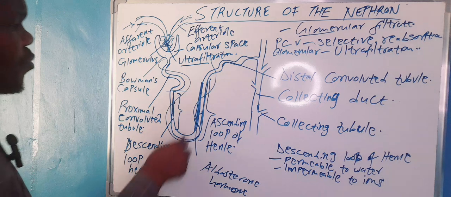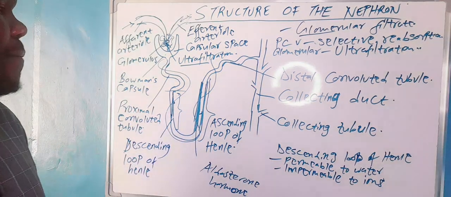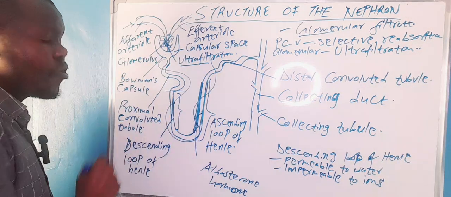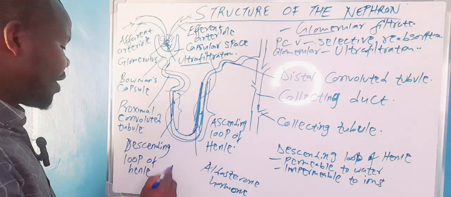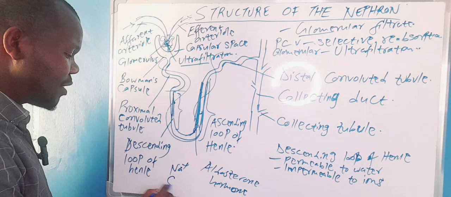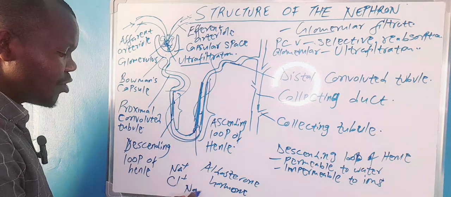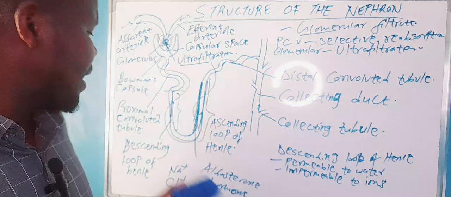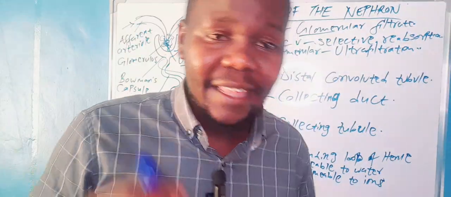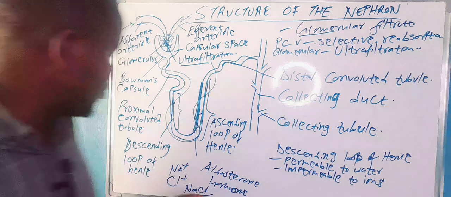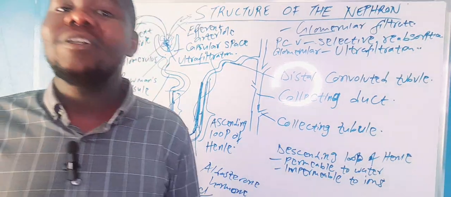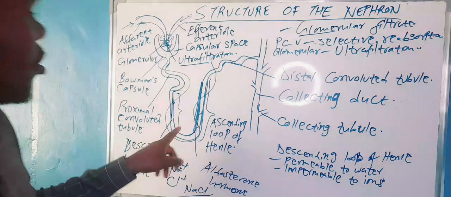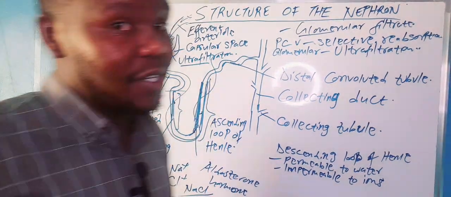And when the permeability is increased, there will be active pumping of sodium ions, followed by chloride ions for neutralization. So it will be sodium chloride. The sodium chloride goes back to the blood, aided by energy, and that's why we say active pumping. When this sodium chloride is more in the blood, it increases osmotic pressure, and the osmotic pressure rises back to normal. The remaining glomerular filtrate will flow to the distal convoluted tubule.